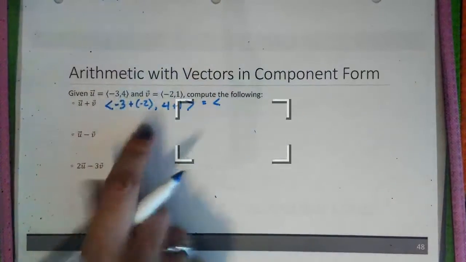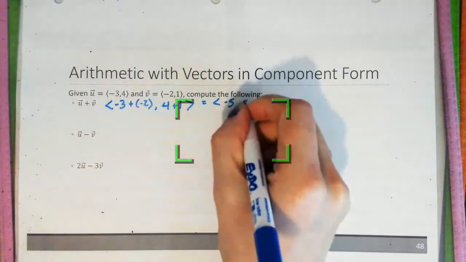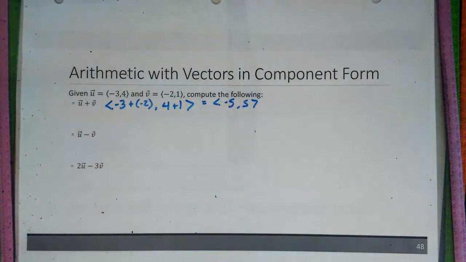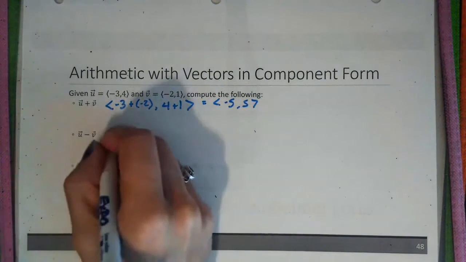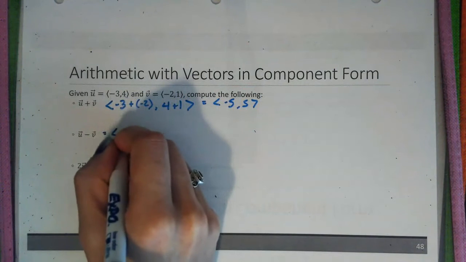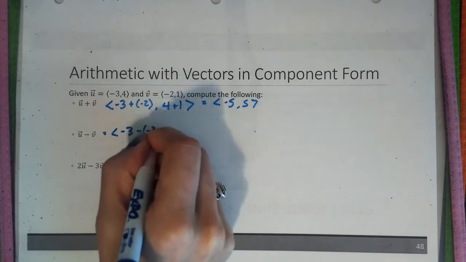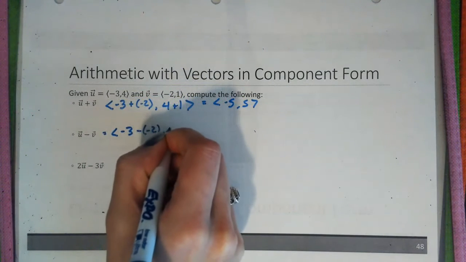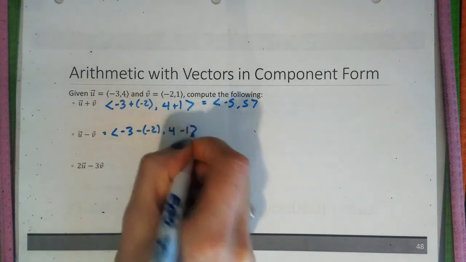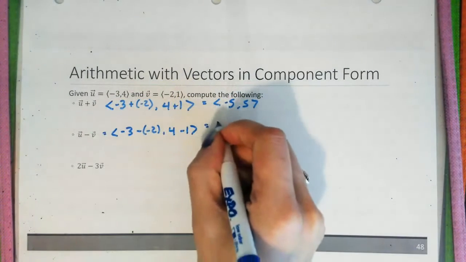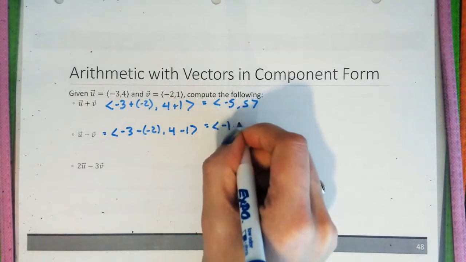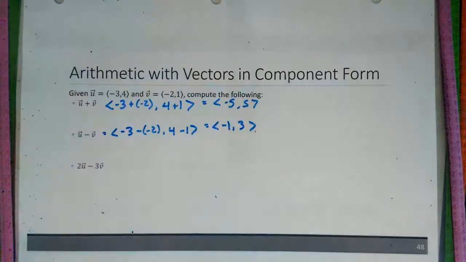That gives me -5, 5. And that's all we do to add them. For subtraction, I'll have -3 minus -2, comma 4 minus 1. That will give me -1, comma 3.